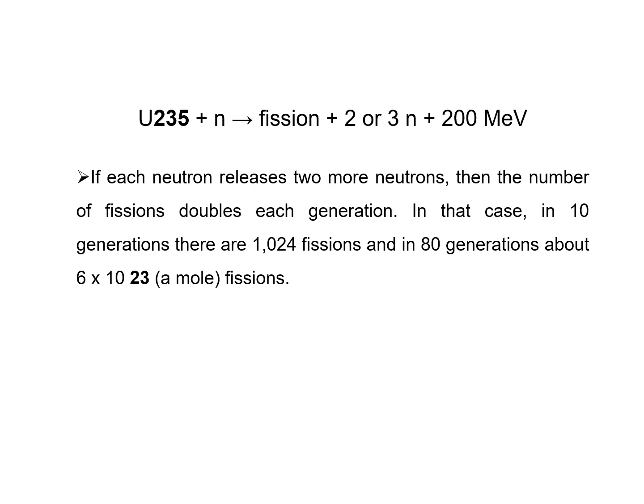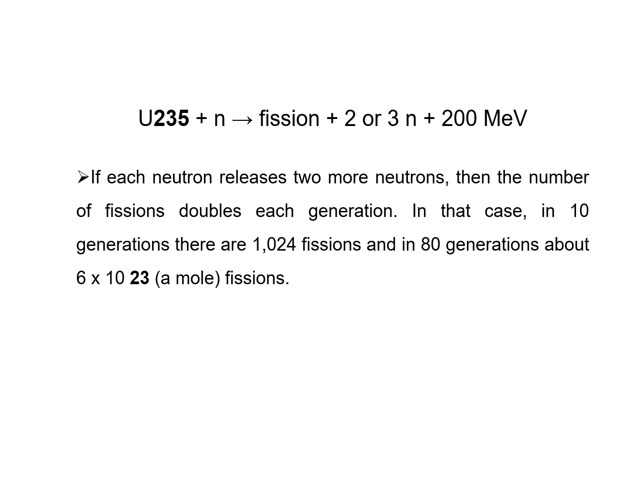Here we are seeing the last slide, a very simple equation: uranium-235 plus neutron undergoes the fission reaction and releases 2 or 3 neutrons, along with 200 million electron volt. If each neutron releases 2 more neutrons, then the number of fissions doubles each generation.